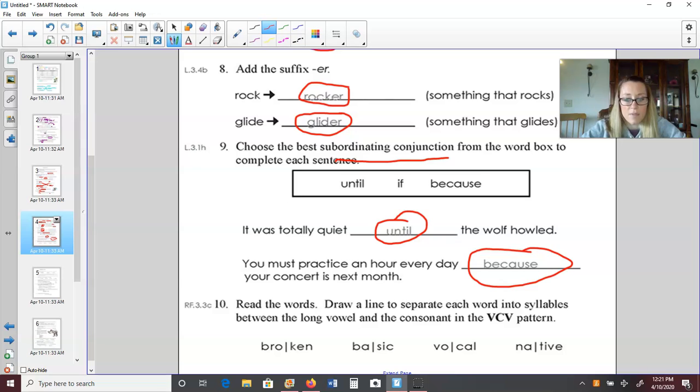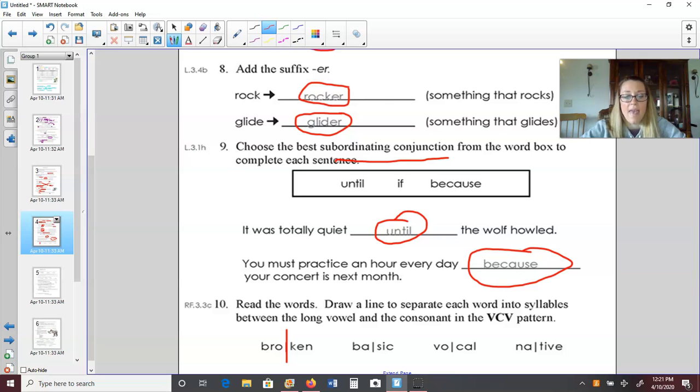And finally, number 10, reading the words. We need to draw a line to separate our word into syllables between the long vowel sound and the consonant in the VCV pattern. So listen for the long vowel sounds. So we have the word broken. You hear the long O, broken. So we split the syllable between the O and the K. Basic.